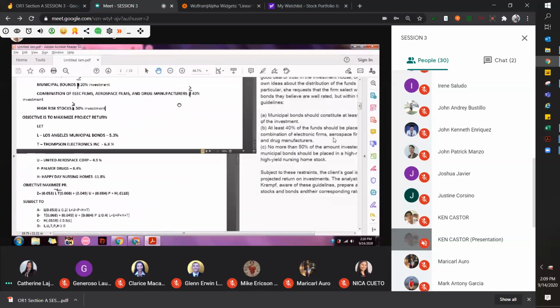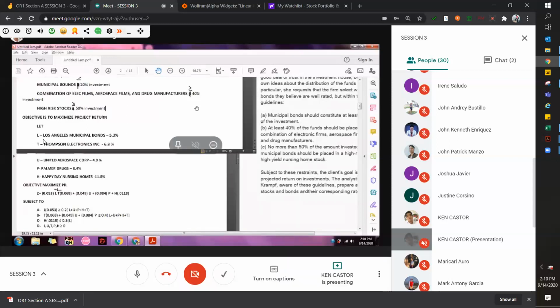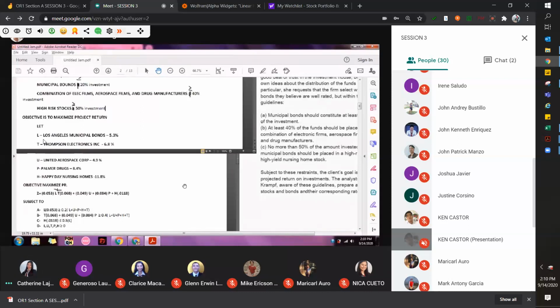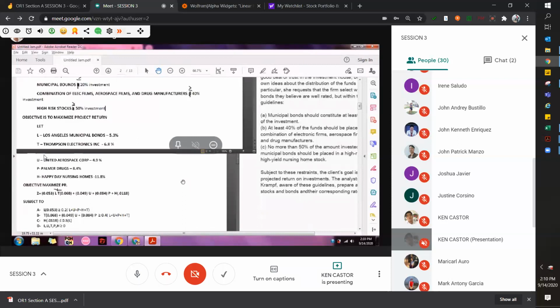Or just specific sa municipal bonds? That's why it's important na clear yung ating decision variables. So if our decision variable is the amount of money allocated for Los Angeles municipal bonds, so let it just be L. Why do you need to put 0.053?